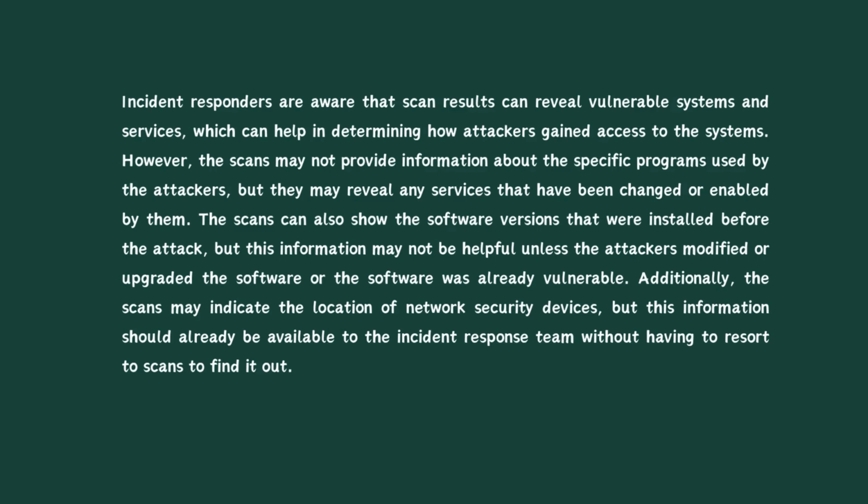The scans can also show the software versions that were installed before the attack, but this information may not be helpful unless the attackers modified or upgraded the software or the software was already vulnerable. Additionally, the scans may indicate the location of network security devices, but this information should already be available to the incident response team without having to resort to scans to find it out.